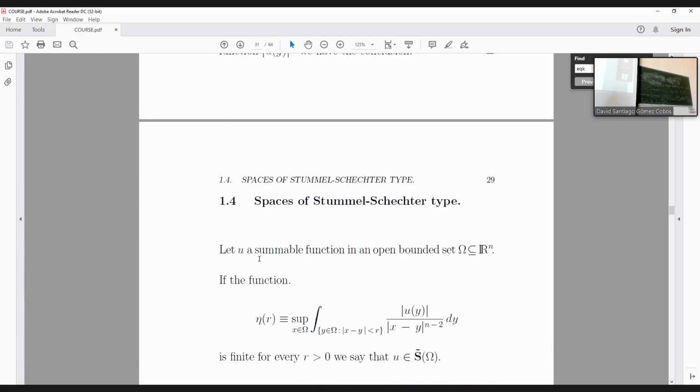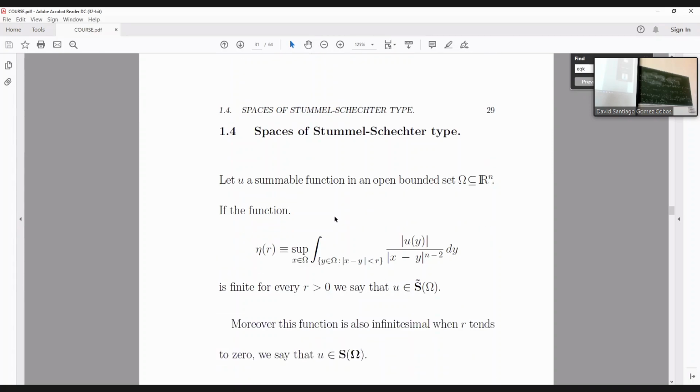Now I would like to show you another possibility to study regularity results, for instance, in Stummel-Kato type spaces. Let us now define this class. Let us consider u a summable function and omega as before, a set in Rn.